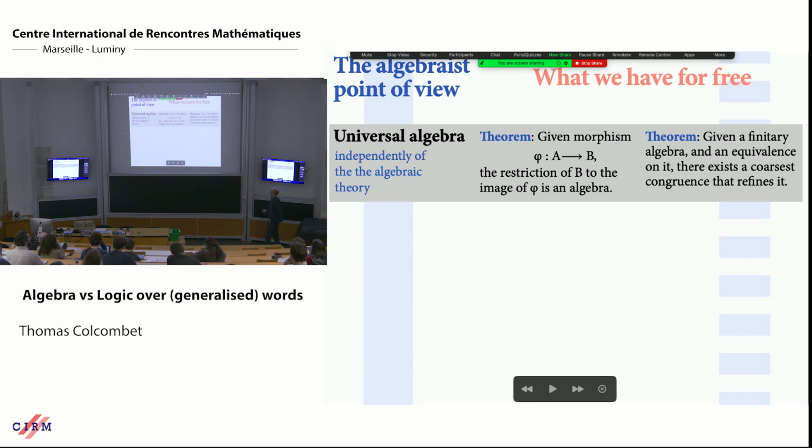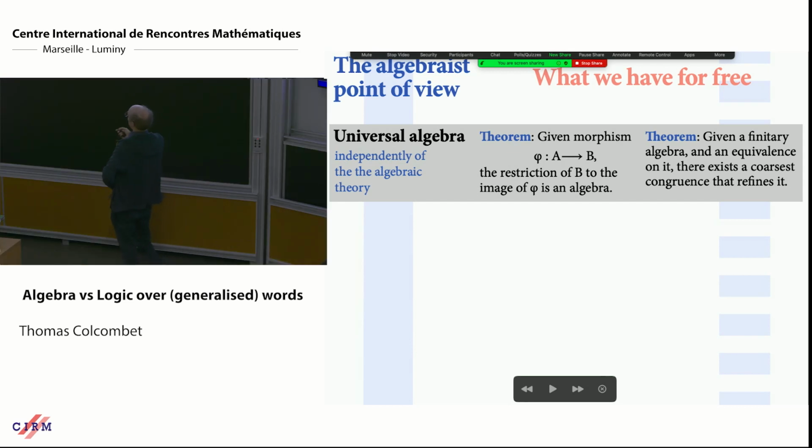It could be for any kind of algebras. So the first thing is that if you have a morphism from an algebra to another, then you can restrict the second algebra to the image of the first one, and the result will again be equipped with the structure of the same algebra.